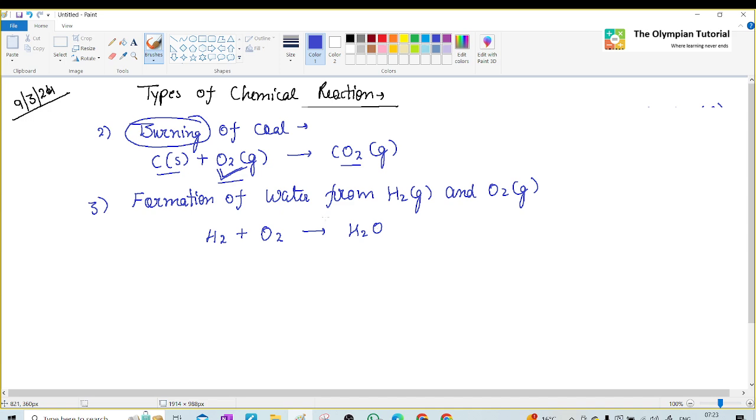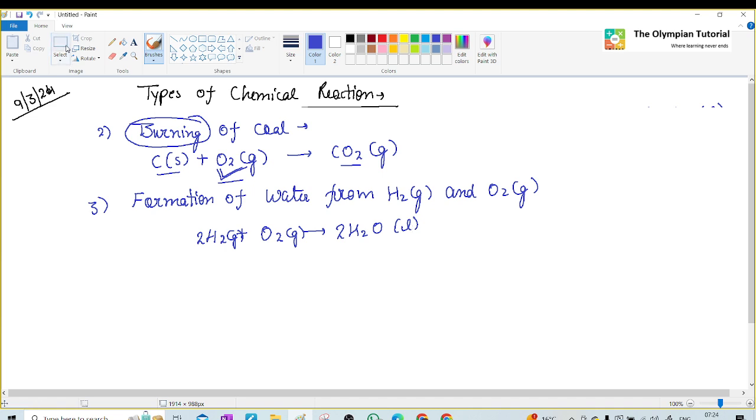H2 plus O2 gives 2H2O. So to balance it, we will write here 2H2 also. Okay. So Thanya, these are the examples of combination reaction.